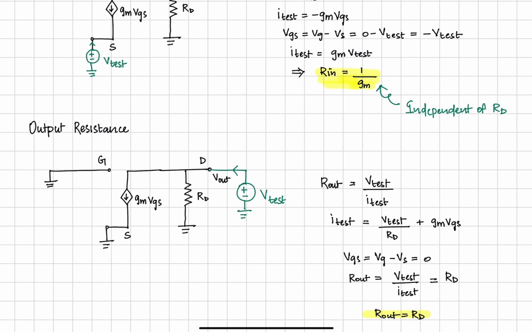All the independent sources are grounded while calculating the output resistance, except the Vtest, obviously. Rout is equal to Vtest divided by Itest. By rearranging these terms, we get that the output resistance is equal to RD.